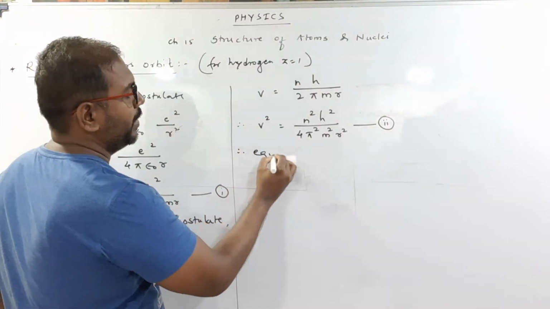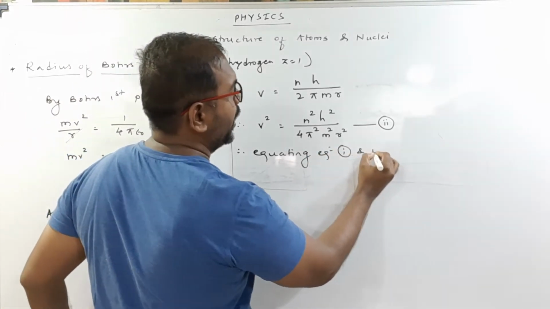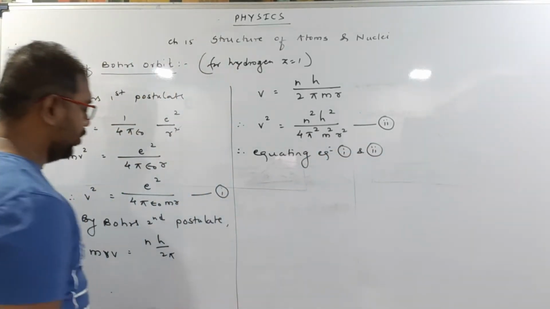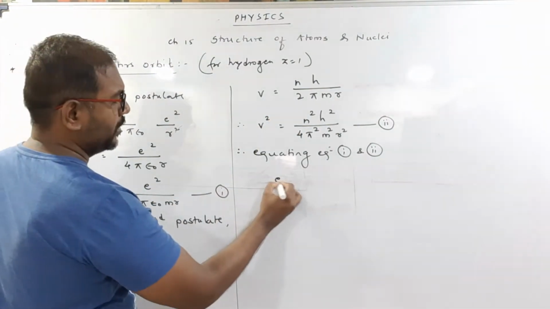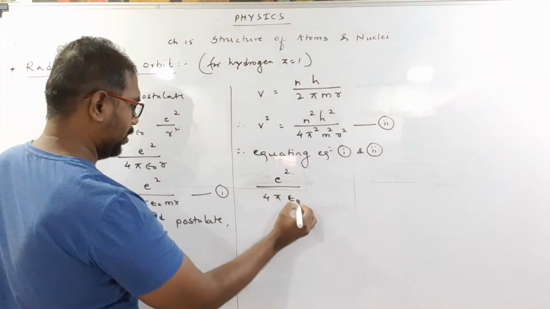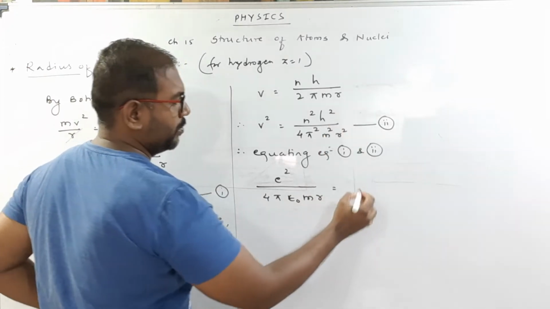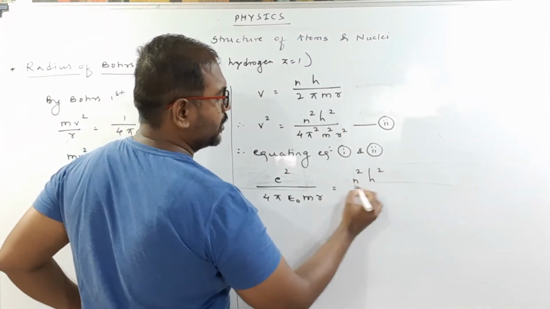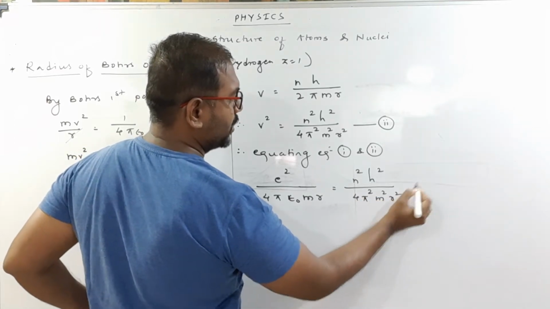Hence equating equation 1 and 2, what do we get? e square divided by 4 pi epsilon 0 m r is equal to n square h square divided by 4 pi square m square r square.